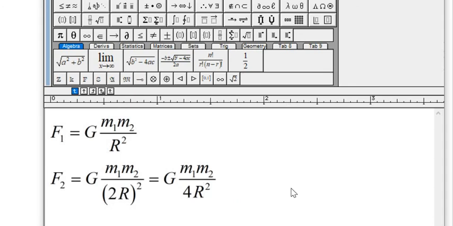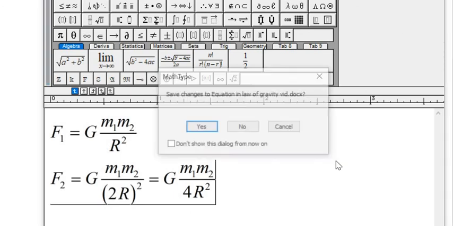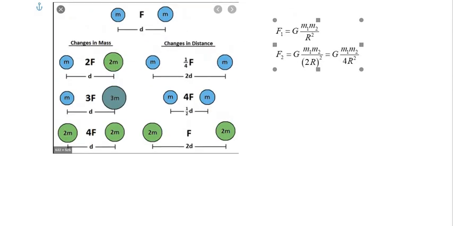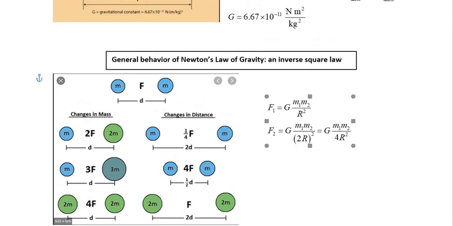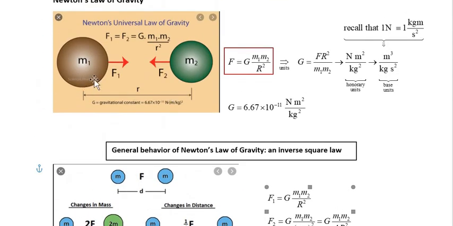So when you double the distance, your force goes down by a factor of 4. And that should make sense to you, because essentially if you increase the distance of separation, gravity gets weaker, right? And when you make this distance smaller, gravity gets stronger.